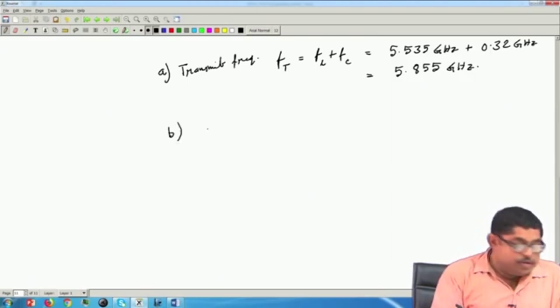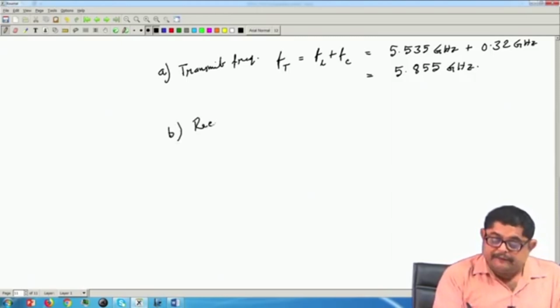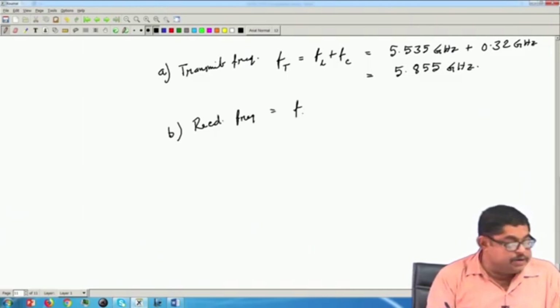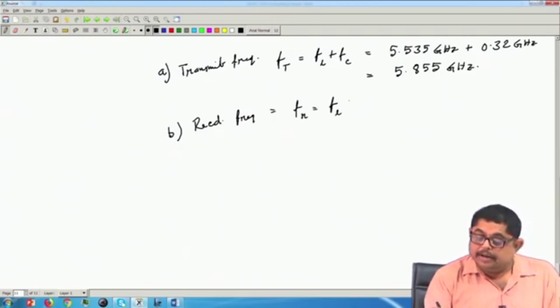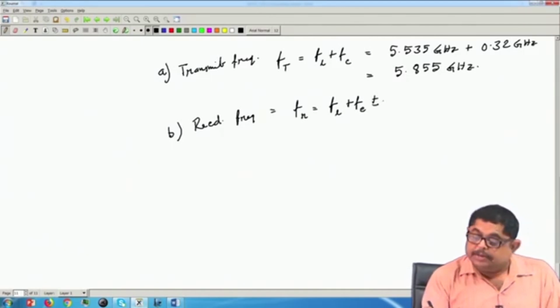Then what is the received frequency? The received frequency FR is nothing but FL plus FC plus minus FD.